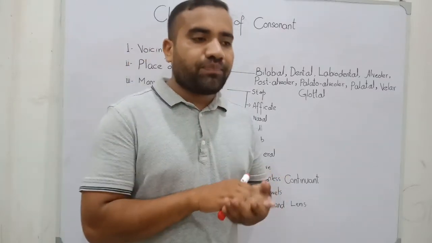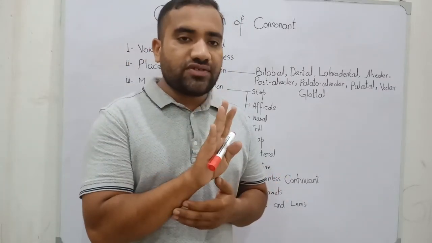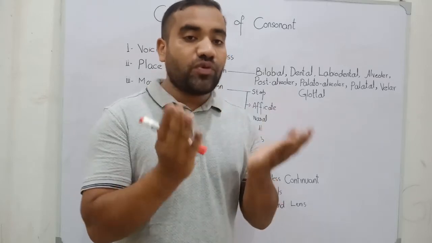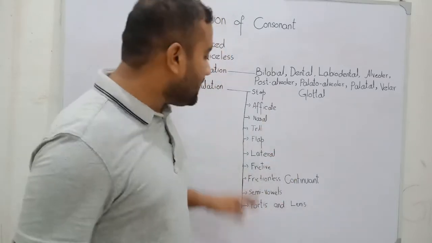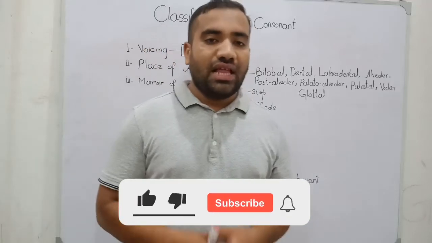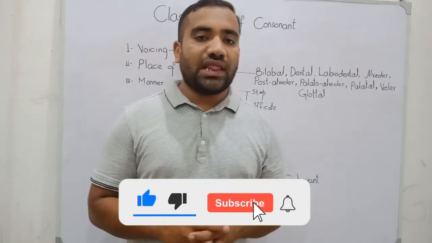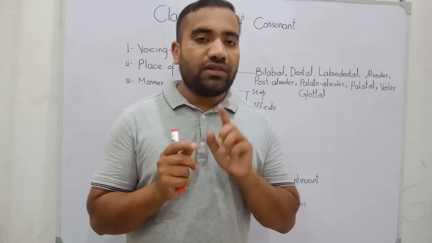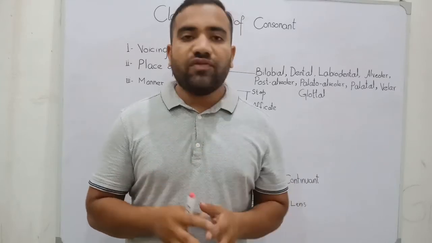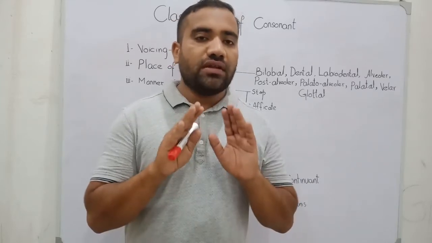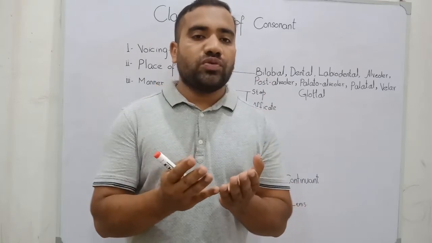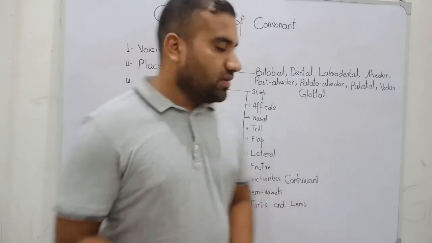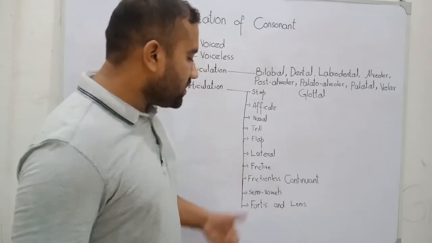When your tongue raises and touches the alveolar ridge, and the air comes through both sides of the tongue, this is called lateral. That is the l sound. When you produce the l sound, the tip of your tongue is raised and touches the alveolar ridge, and the air comes through both sides of the tongue. This is called the lateral.